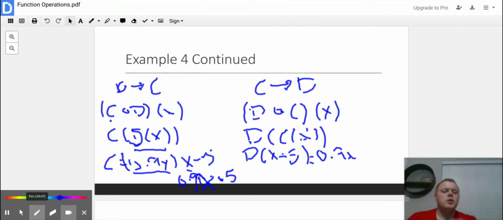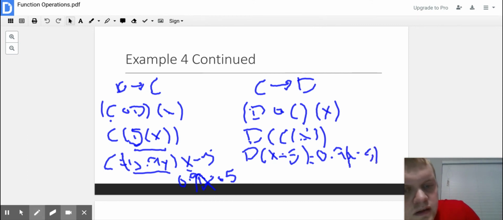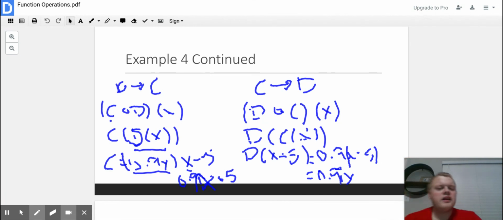Essentially, we're just multiplying 0.9 times x minus 5. When I work that out, it would give me 0.9x, and 0.9 times negative 5 gives me a negative 4.5.